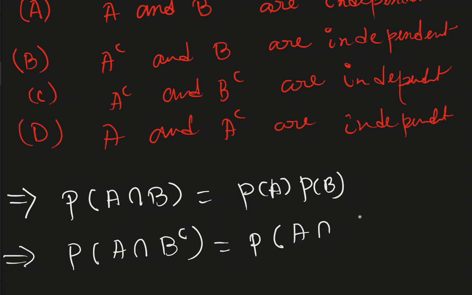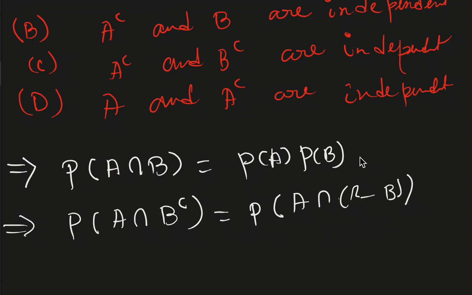B complement means sigma minus B, where sigma means the whole probability space.